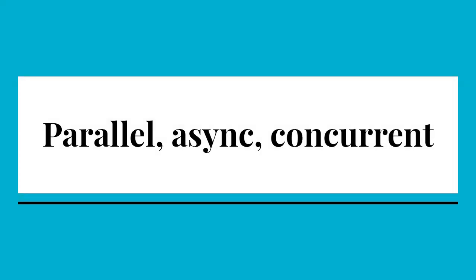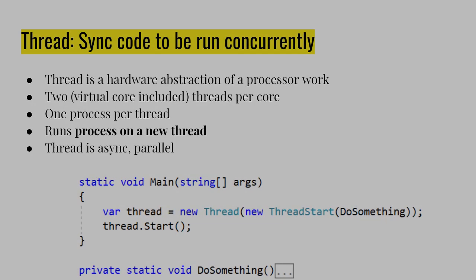Now, parallel, async, and concurrent programming all sound very similar, and in general you would probably think they are synonyms. But it's not that simple. They each have a meaning, and they shouldn't be mixed.